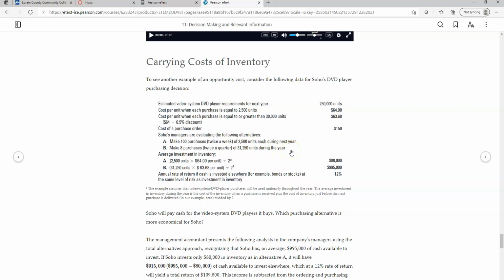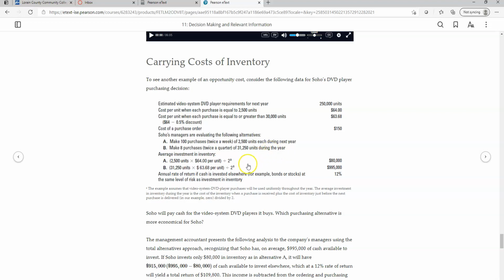So either A or B. A, I make 100 purchases twice a week of 2,500 units, or B, I just make 8 purchases instead of 100, and I'm going to do that twice a quarter, and I'm going to order 31,250 units per order during the year.